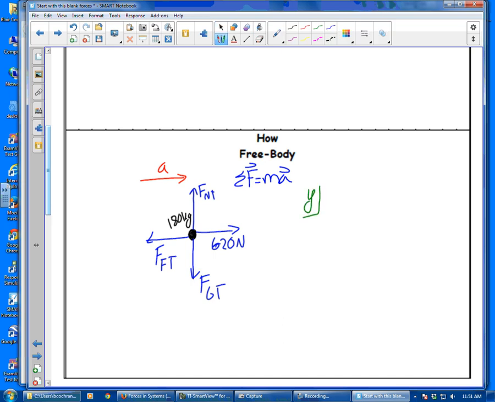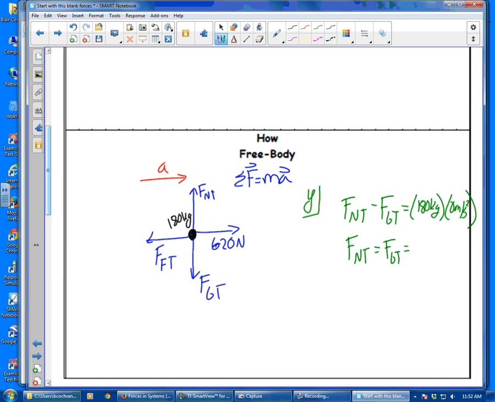In the Y direction, I have force normal total minus force gravity total equals 180 kilograms times 0. It's not accelerating vertically. Okay, so the force normal total equals the weight total.